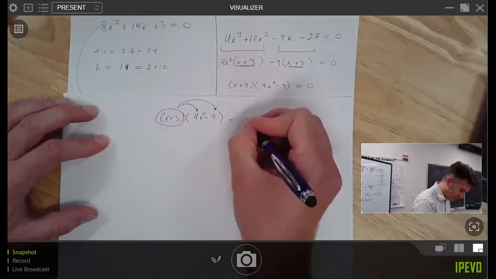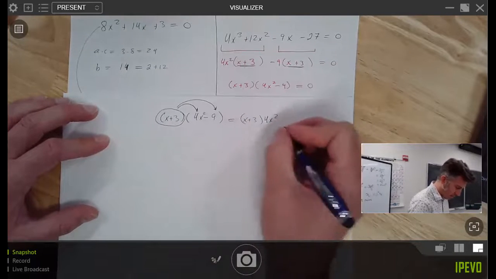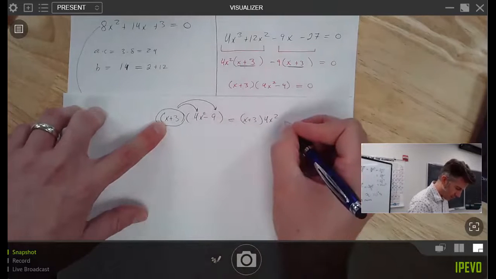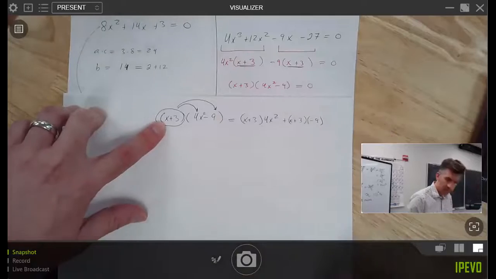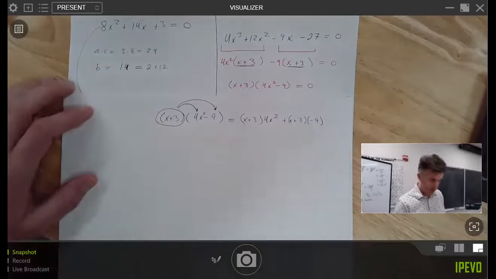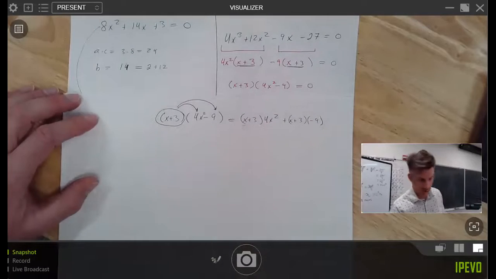And I'm getting x plus 3 times 4x squared, and then x plus 3 times minus 9. And so this is the same as this, written slightly differently.